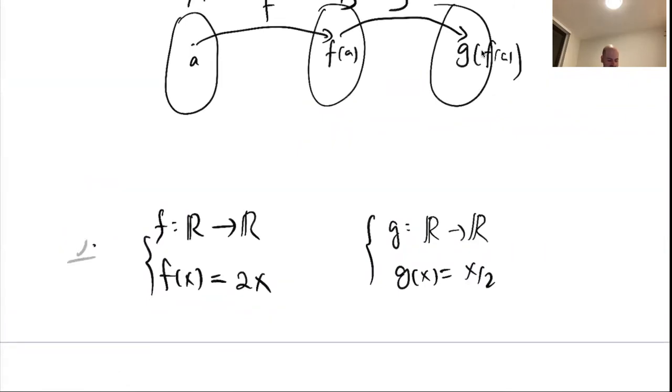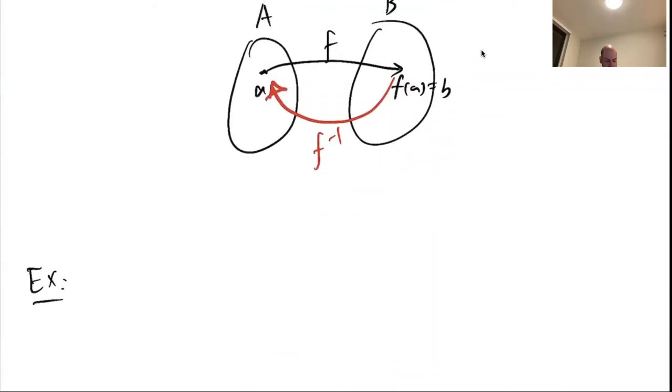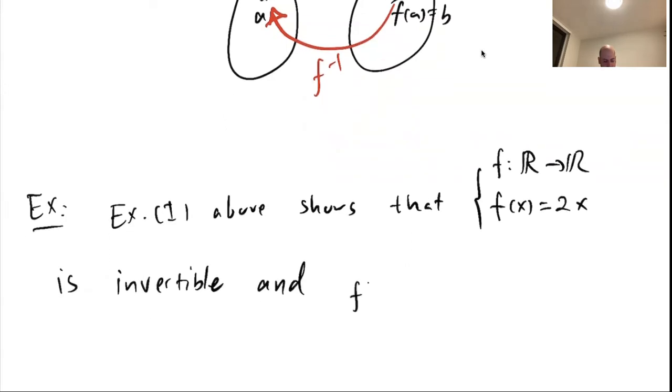Let's call this example 1. So example 1 above shows that F of x equals 2x is invertible and F inverse of x is equal to x over 2.